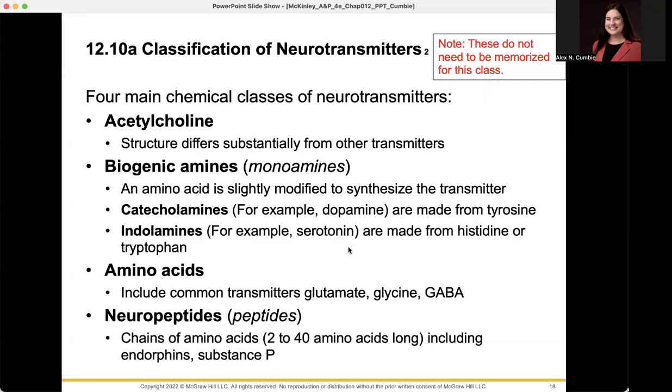Acetylcholine is the only one that you would need to know because that's what we memorized for the muscle contraction. We are going to get into some classifications for these neurotransmitters as to whether they're excitatory, where we do an action potential, or inhibitory or not. But these are just a few other classes. Feel free to read through these if you like, but again, you will not be tested on these for this class.